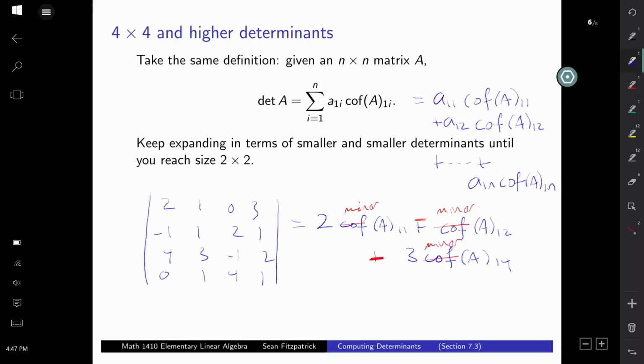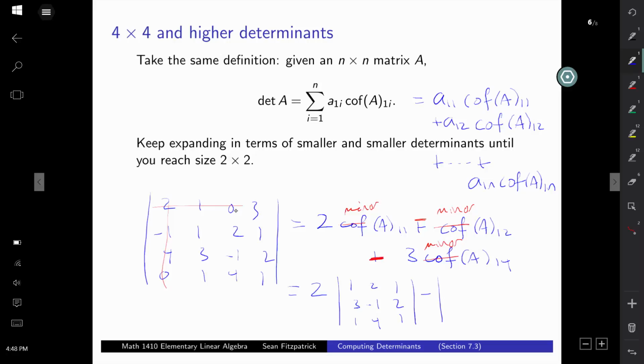And so it would be 2 times, so now I've got to delete row 1, column 1. If I do that, I've got 1, 2, 1, 3 minus 1, 2, 1, 4, 1, right?